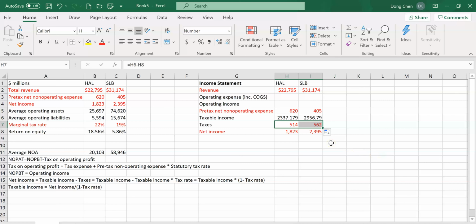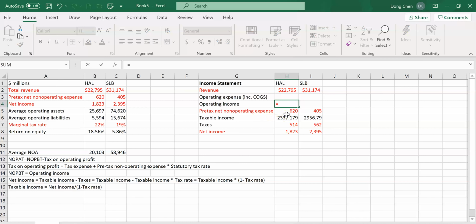So now let's continue to back up the other items on the income statement. So now operating income: operating income minus pre-tax net non-operating expense equals taxable income. So with the taxable income and pre-tax net non-operating expense available, we can also easily get operating income, which is the sum of these two numbers.